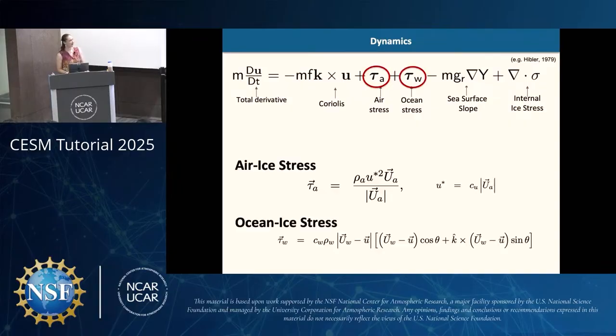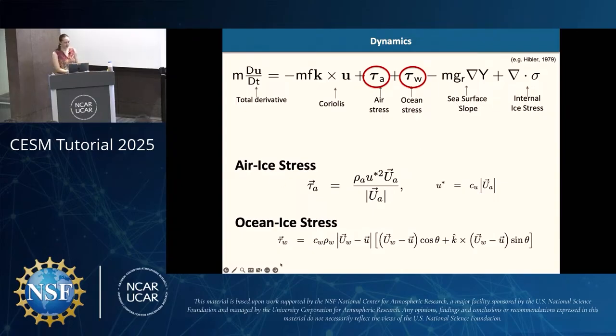It's not anything new and fancy. We have the Coriolis force as well, and sea surface slope, how the slope of the ocean might affect movement of the ice floes or convergence, stuff like that. And then ice stress, the internal stress within the ice itself.